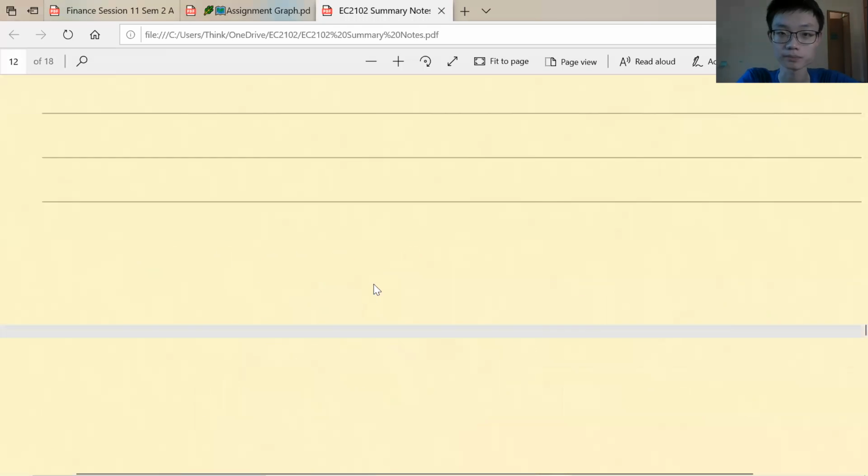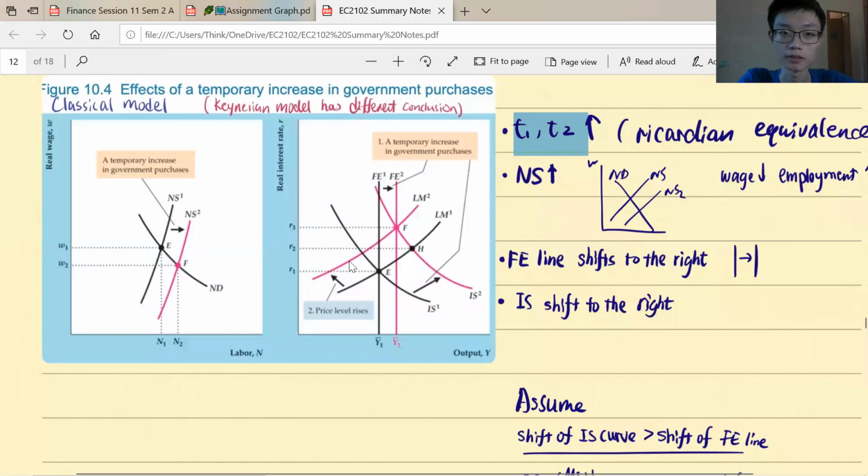So imagine that the government purchases increase. What if the government purchases increase less than expected, or more than expected, to bring the economy back to equilibrium?